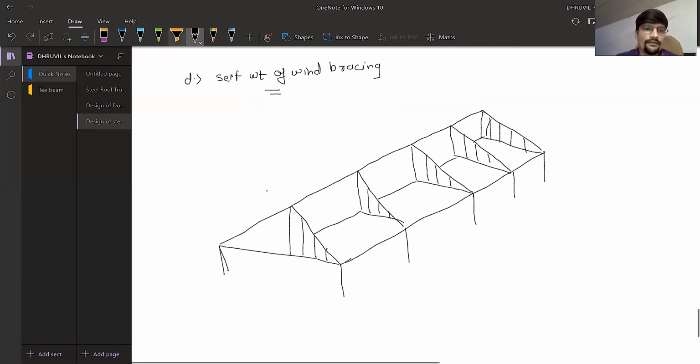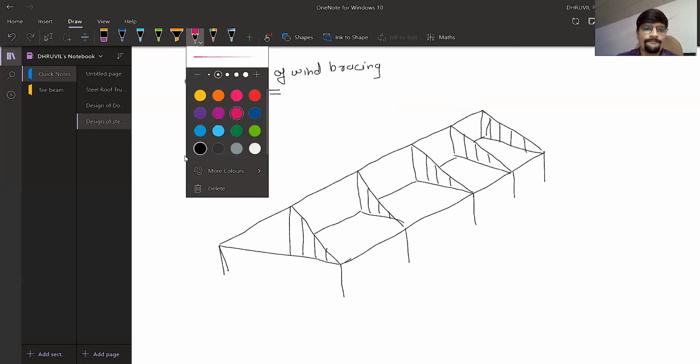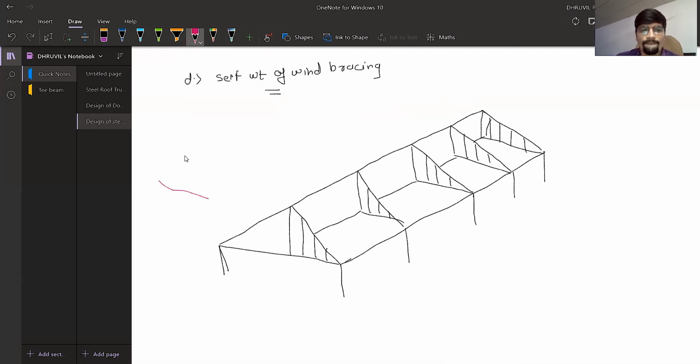So if the wind flows like this, or the wind applies some forces on the roof truss, at that time the starting portion and the end portion of the roof truss will need extra support because the intermediate ones are connected from both sides.